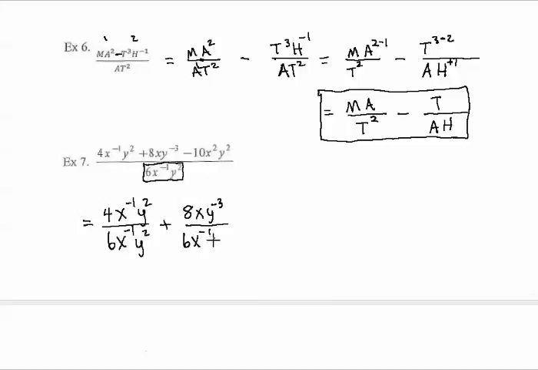And we simply just copy our denominator in each one. We have a minus 10 here, so I really want to put a subtraction symbol there. So minus 10x squared y squared, and then we copy down our denominator.